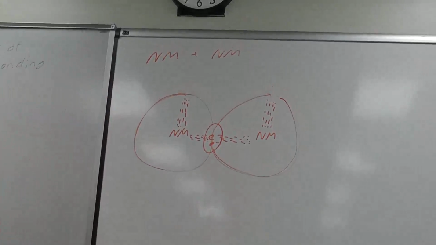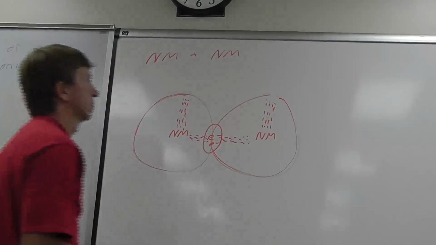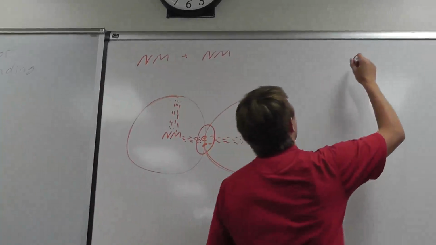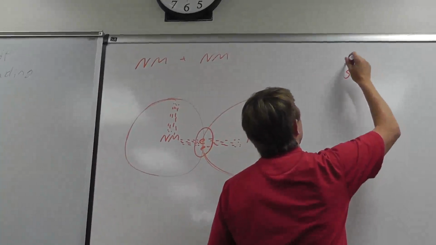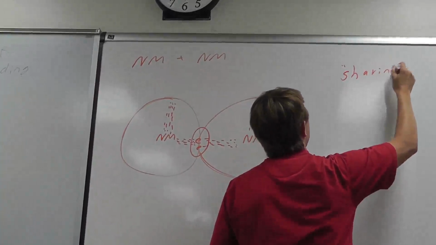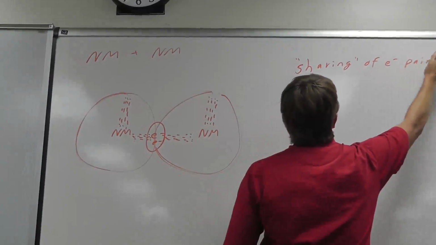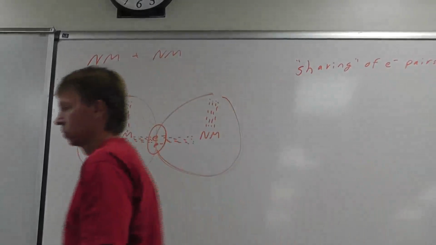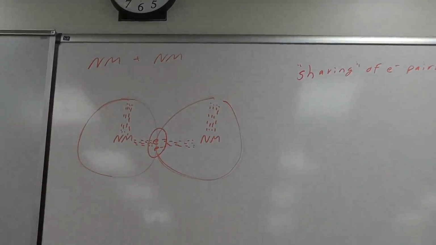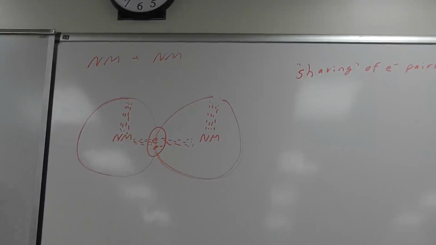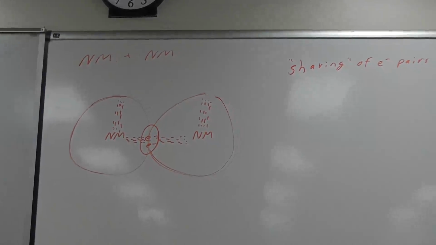And so what happens with nonmetals bonding is you end up with, this is what your book calls sharing. Sharing of electron pairs.